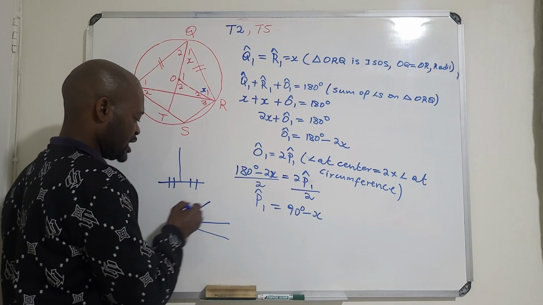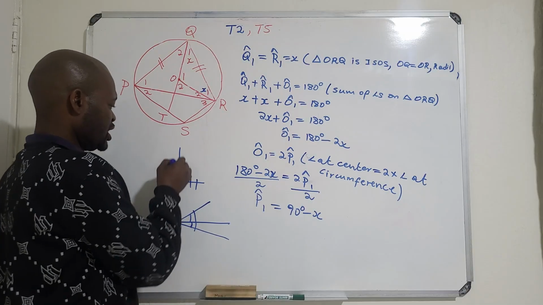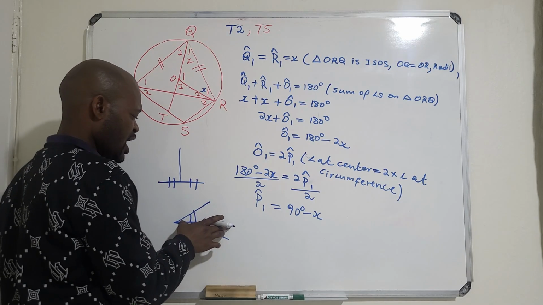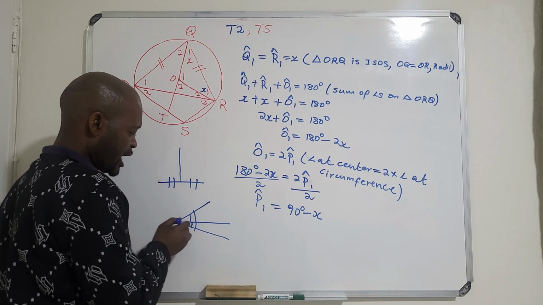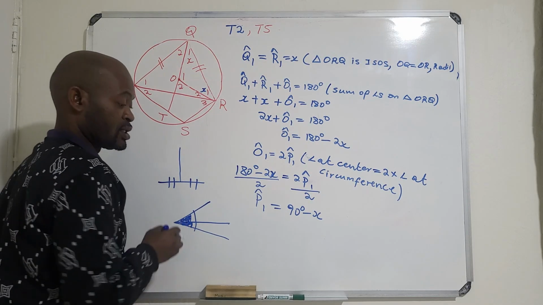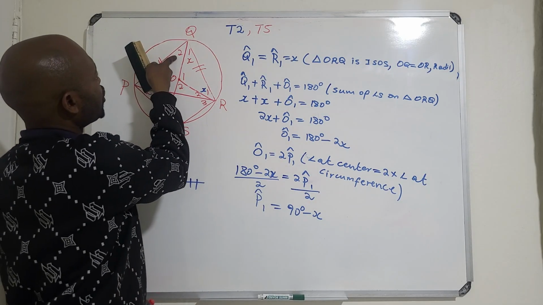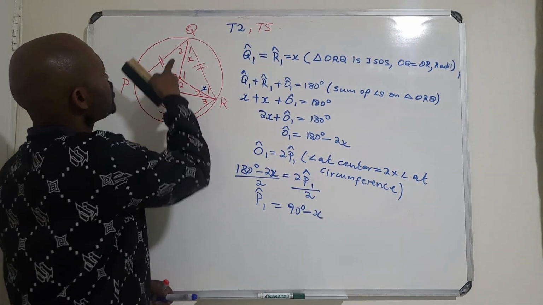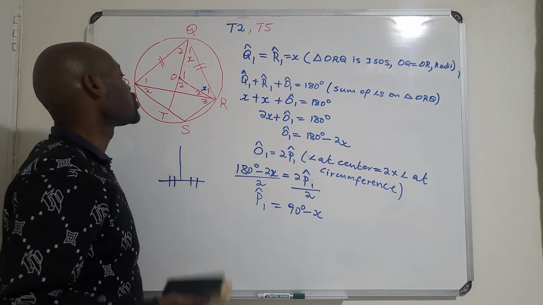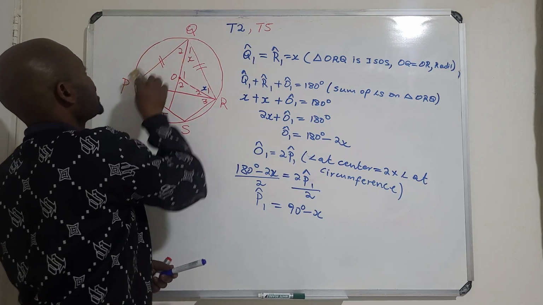If a line bisects a line, it means that this line cuts this line into two equal halves. This line cuts this whole angle into two equal angles. For us to do that, we need to find Q2 to be x. Once we find that Q2 is x, we know that it is equal to Q1, which is also x. Then we have proved that TQ bisects this angle.